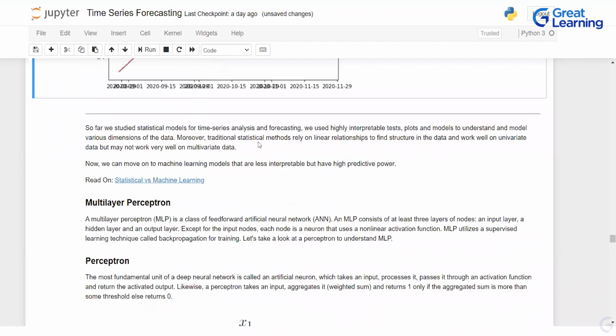Now I'm coming to multi-layer perceptron. Till now, I was talking about all these models, that is statistical models. I'll show you multi-layer perceptron, then I'll show you a glimpse of multivariate analysis also.